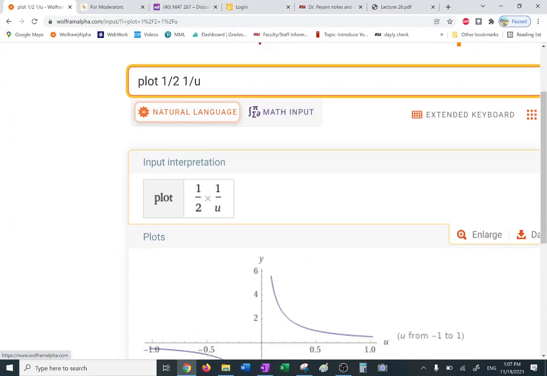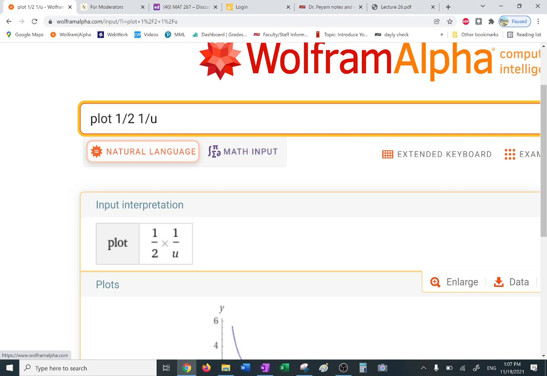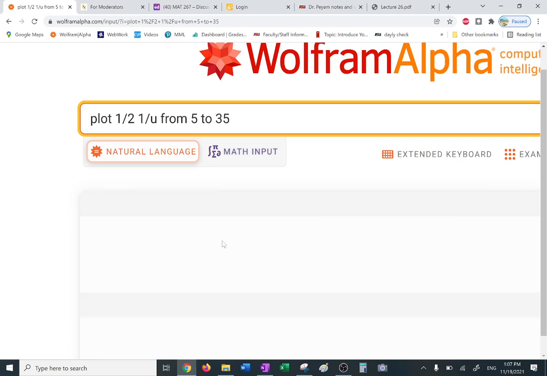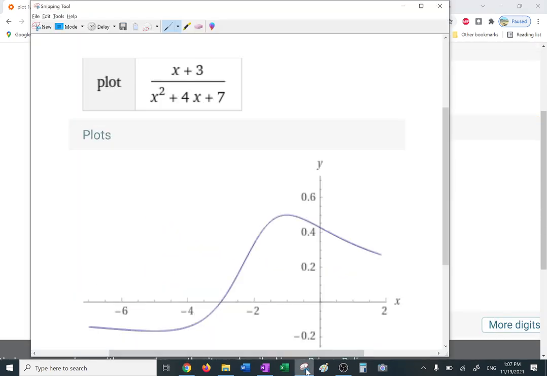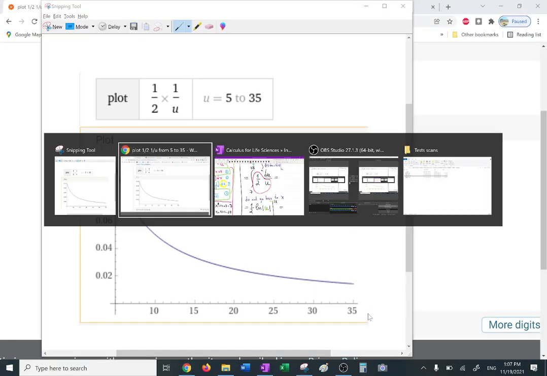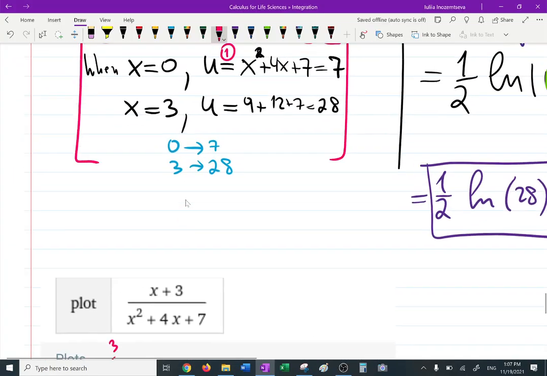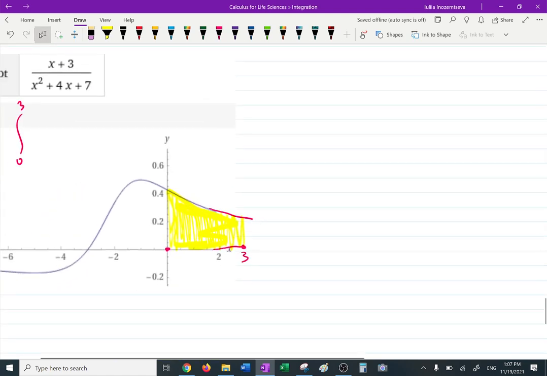So if I plot this function, it looks like so, from say 5 to 35 in terms of u. We need it from what number? 7 to 28.